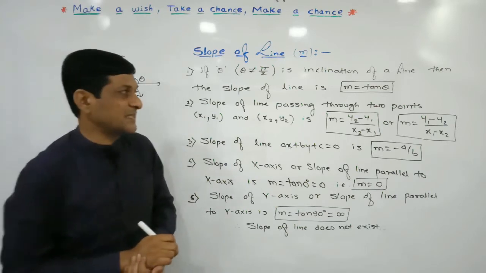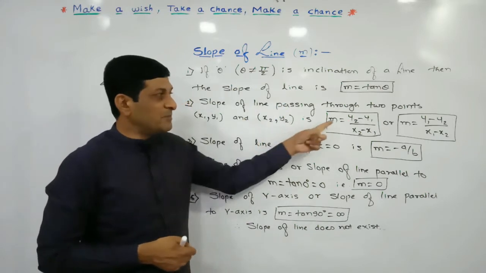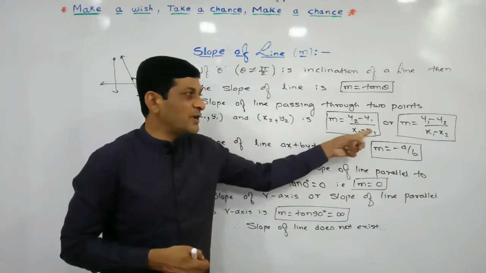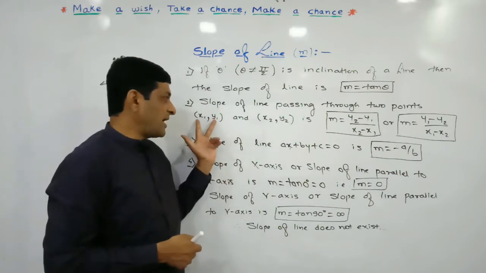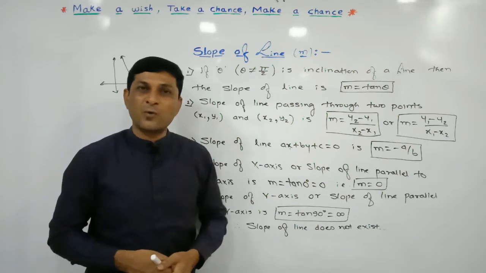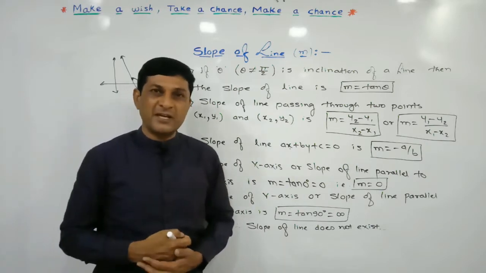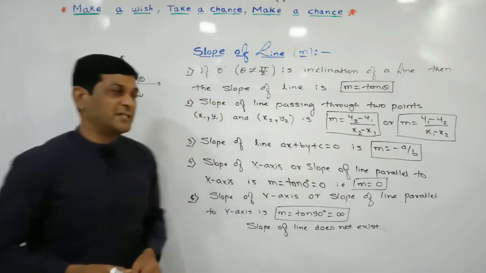Now the second formula to find the slope of a line is m is equal to y2 minus y1 upon x2 minus x1, where (x1, y1) is the coordinate of the first point on the line and (x2, y2) is the coordinate of the second point on the line. This formula is applicable if the coordinates of 2 points on the line are given to us.